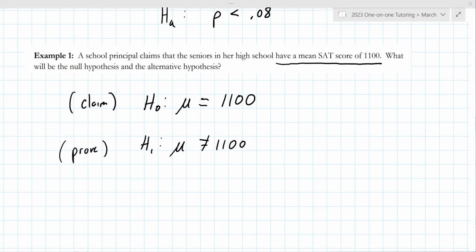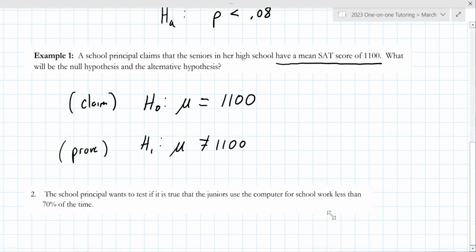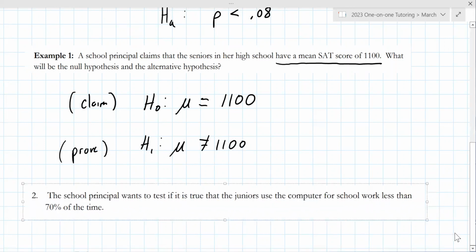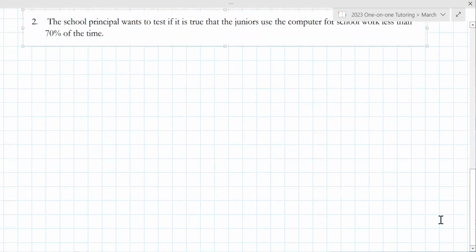Let's try another one here. Maybe this will be better. All right. The school principal wants to test if it is true that the juniors use the computer for schoolwork less than 70% of the time.